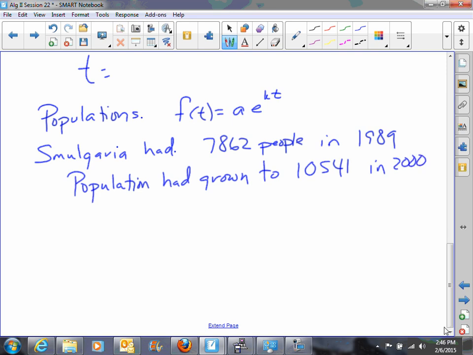So question one, what is the function for the population of Smolgaria, where T represents the number of years since 1989, and number two, how many people live in Smolgaria now, or something like that.